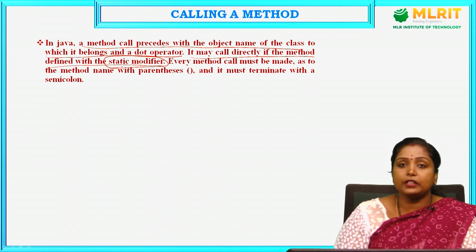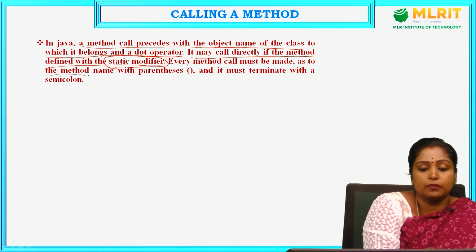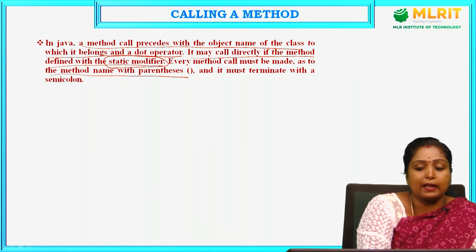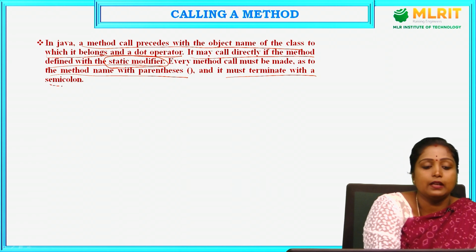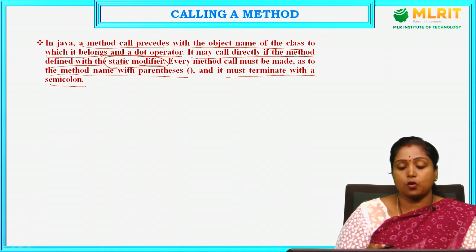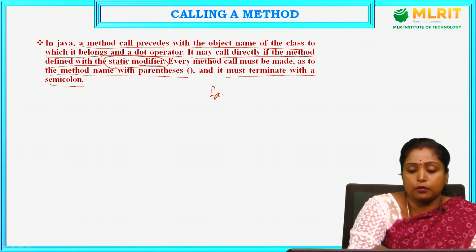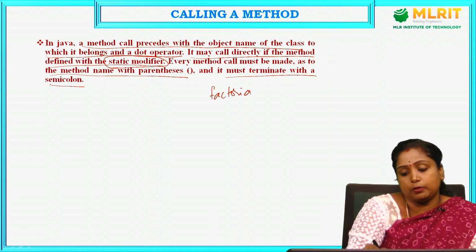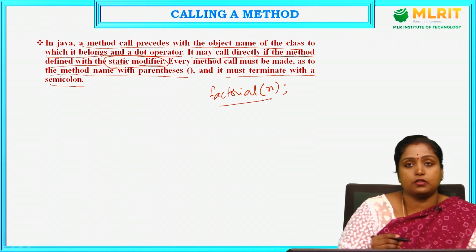Every method call must be made with the method name and parameters, and it must terminate with a semicolon. For example, I am calling a factorial method: factorial of n, and I have to close it. This is a method call.